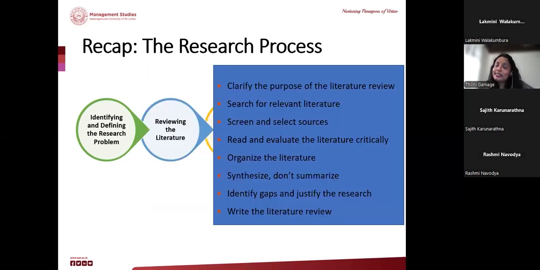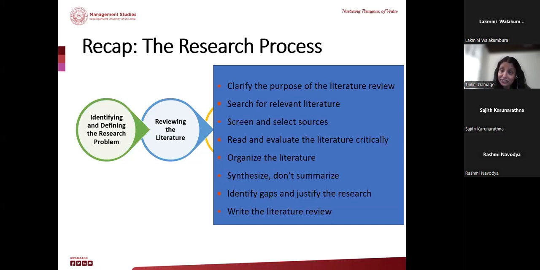In the next step, when it comes to reviewing the literature, I'm sure you have learned a lot about how you should conduct a literature review, how you should search for relevant literature, and how you should screen and select the sources. What are the inclusion and exclusion criteria you might consider?